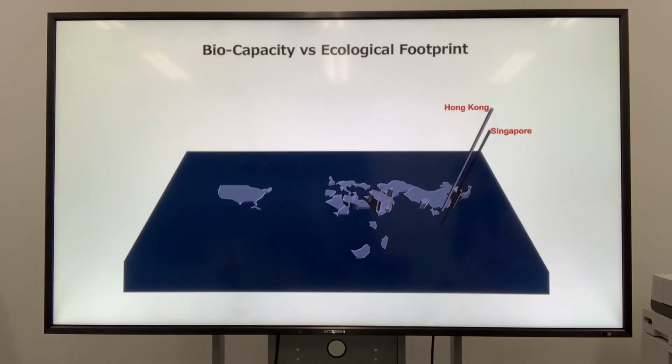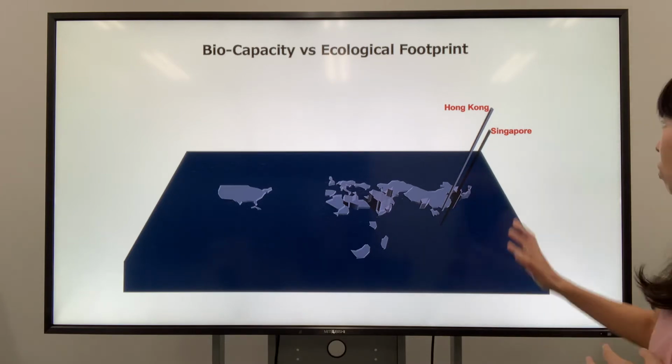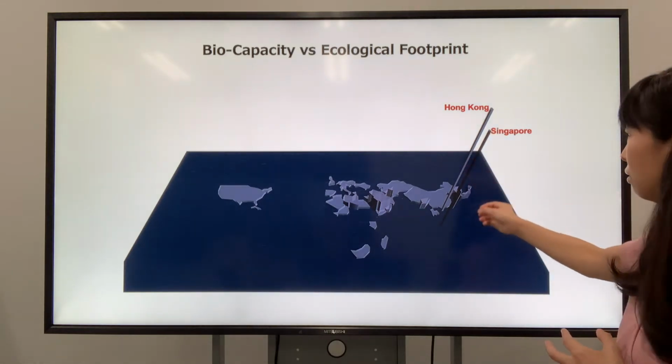So this is to understand the biocapacity versus the ecological footprint, if we simply frame it within the nation itself. You can see Hong Kong and Singapore are outstandingly high.